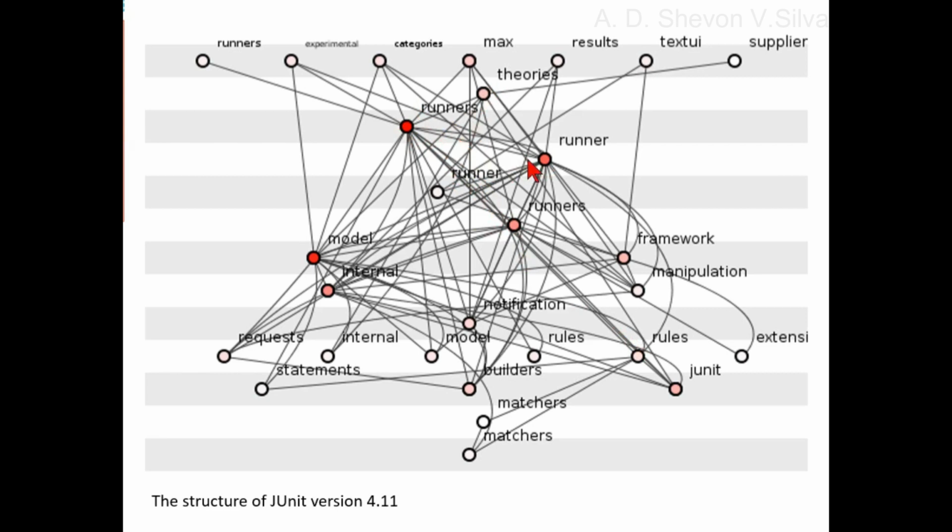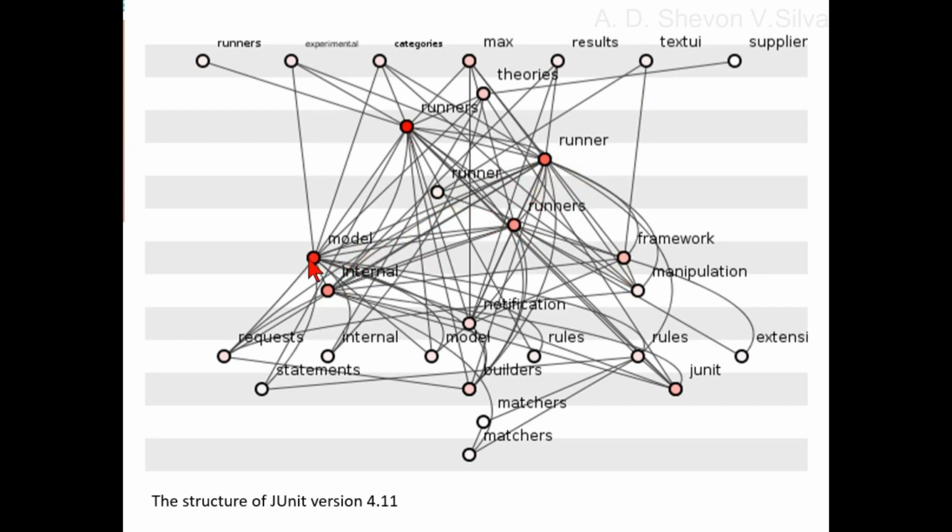Here runner interacts with results, max, categories, experimental, runner, model, internal, runners, framework. Here runner interacts with runner, text UI, and here runners interacts with runner, runners, runner.